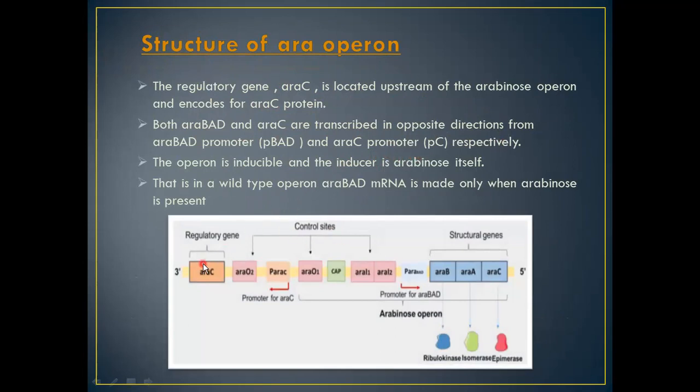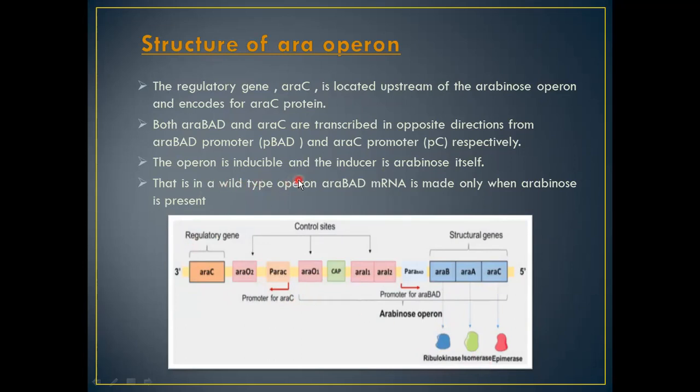Here in this diagram, you can see the different sections. That is ara-C, the regulatory gene, ara-O2, operator 2, the promoter for ara-C, ara-O1, operator 1, CAP, and ara-I1 and I2, the initiator regions, and then the structural genes ara-B, ara-A, and ara-D. These encode the enzymes ribulokinase, isomerase, and epimerase.